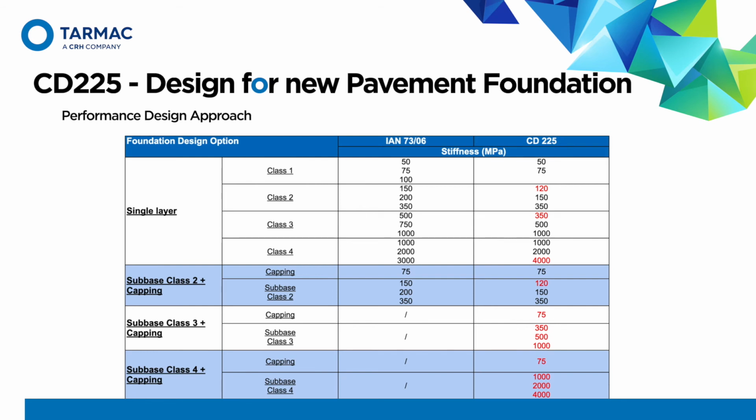For the other option, class 2 and a capping, the same applies for the CD225 from IN 7306, except that the 150 is now reduced to 120 MPa surface modulus. The addition is now the sub-base class 3 and a capping. This is a new addition in CD225, and sub-base class 4 and a capping also is a new addition to CD225.